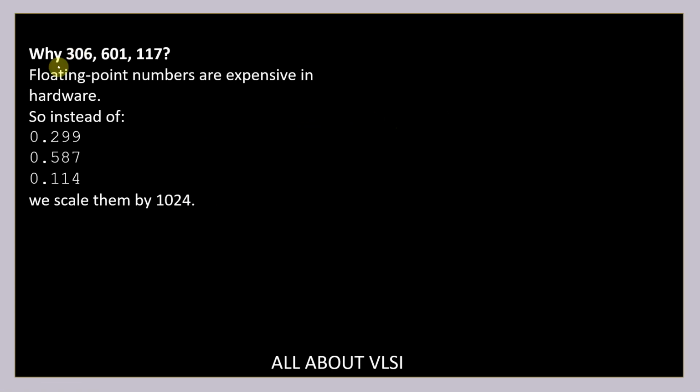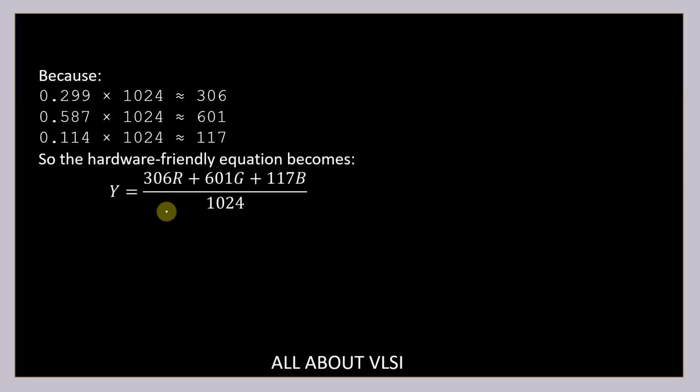Now, why are we multiplying with 306, 601, and 117? Because floating point numbers are very expensive in hardware. So instead of using 0.299, 0.587, 0.114, we scale them by 1024. 0.299 into 1024 gives 306. 0.587 into 1024 gives 601.